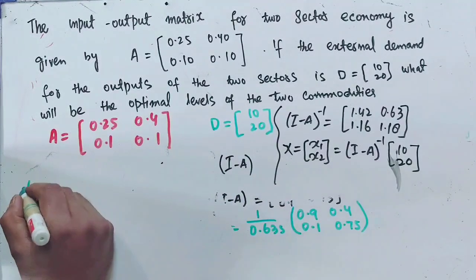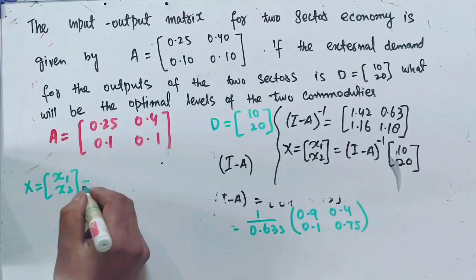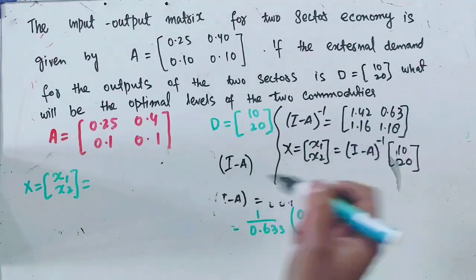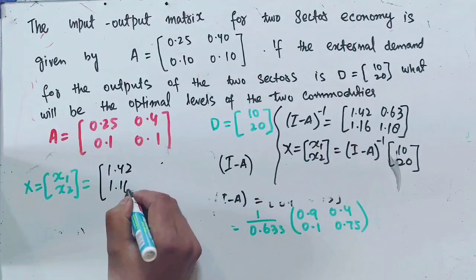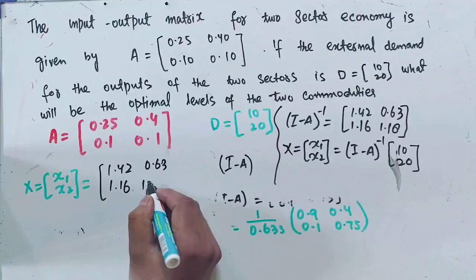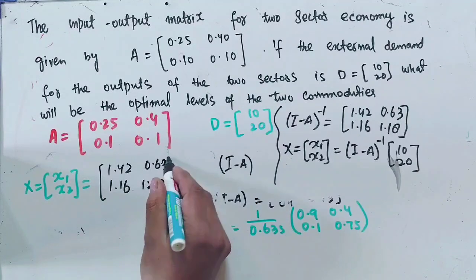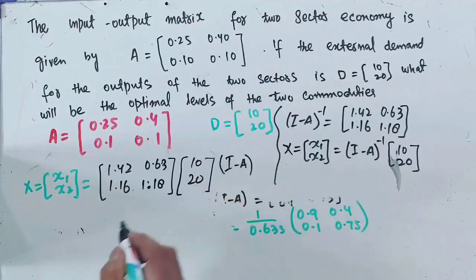So our x, which is x1, x2, will be equal to this matrix, 1.42, 1.16, then 0.63, then 1.18. To this we multiply 10, 20.